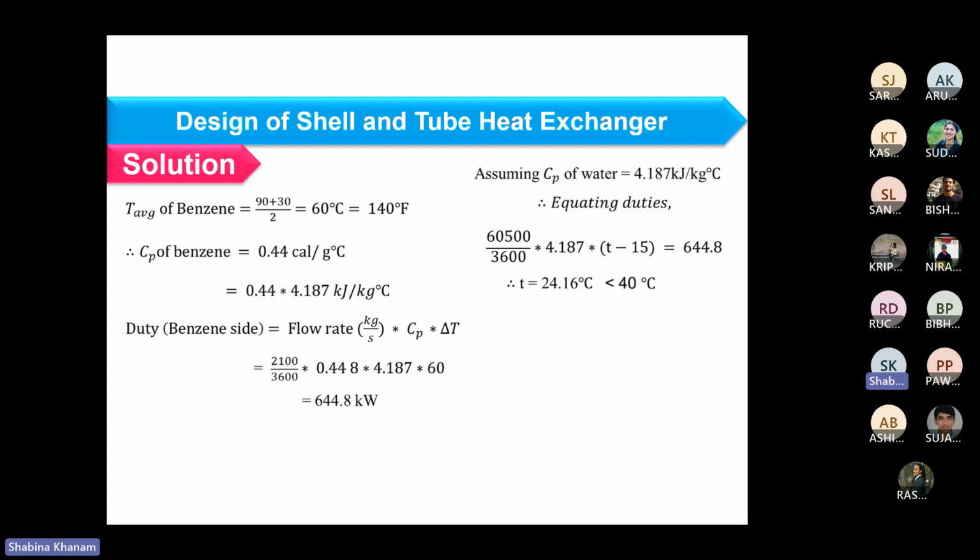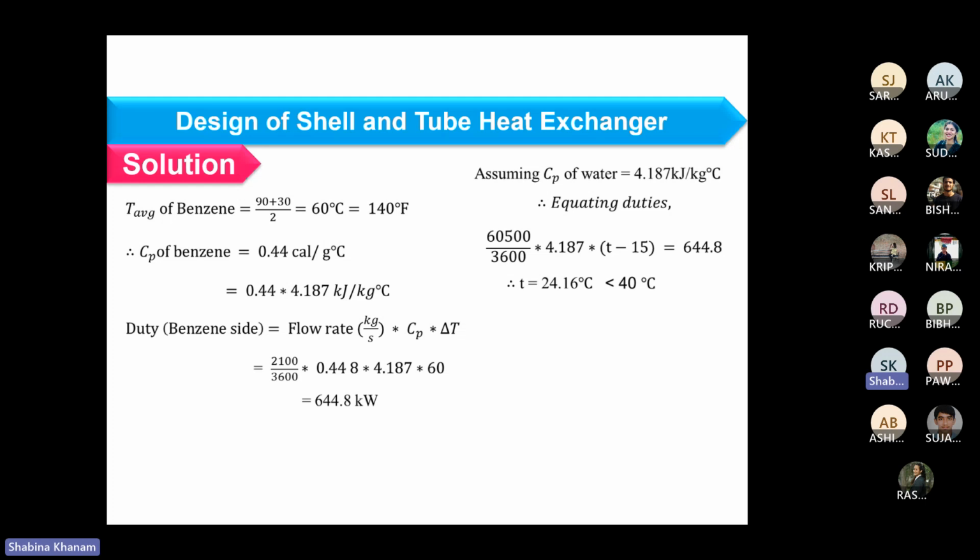Now once I am having this heat duty, we need to find out the unknown parameter of the second fluid. The second fluid over here is water. Its inlet temperature is 15, outlet temperature we need to calculate. In the case of water, it is easy to find the CP value, because everybody knows it, 4.187.